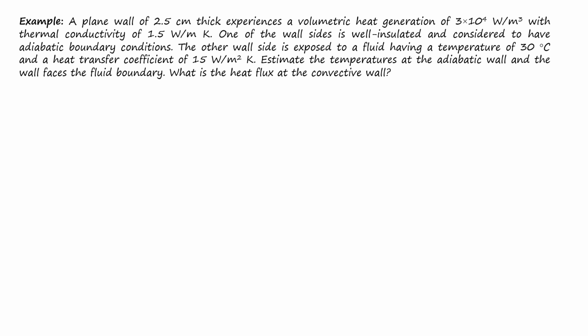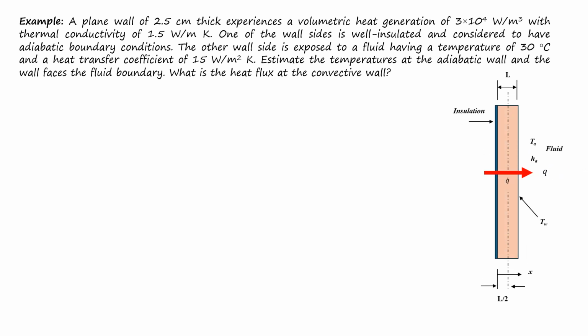One of the sides of the wall is insulated, as shown in this figure, and the other wall is exposed to convection, where we have fluid on the other side at temperature 30 degrees Celsius and a heat transfer coefficient of 15 watt per meter square Kelvin. Now estimate the temperature at the adiabatic wall, at the insulated wall, and the wall that faces the fluid boundary, and then also what is the heat flux at the convection wall.